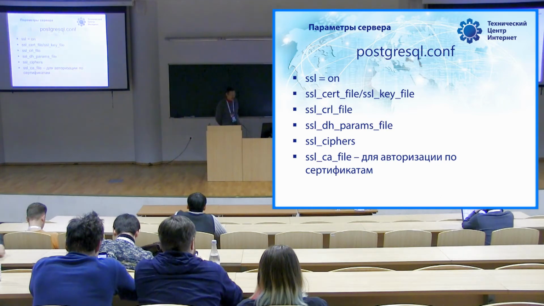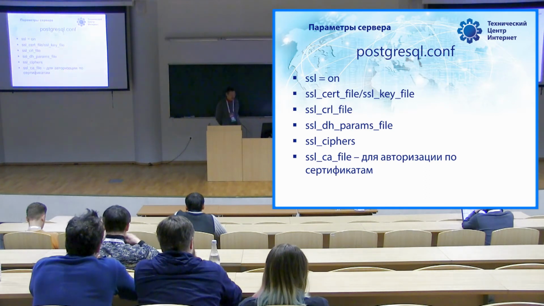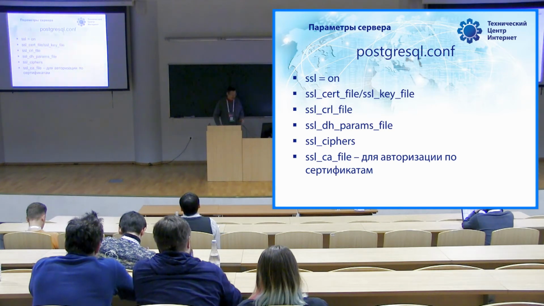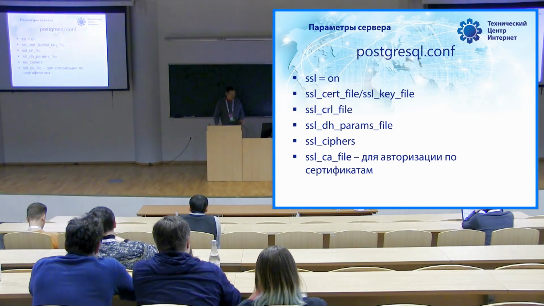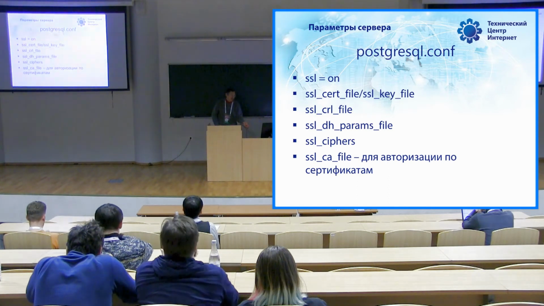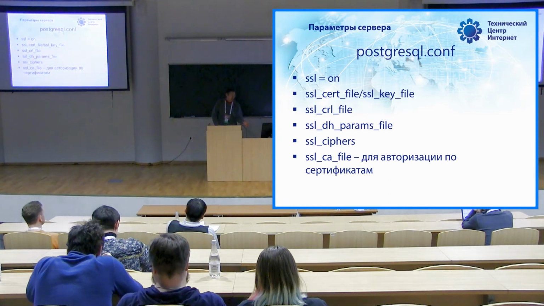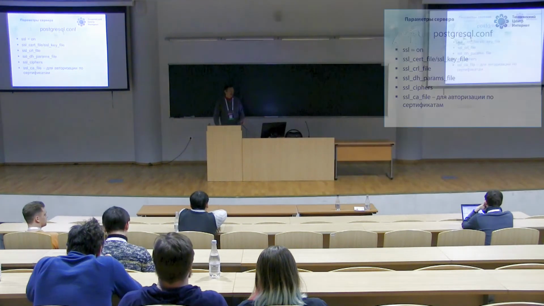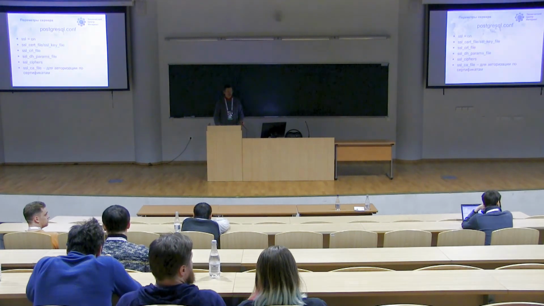Well, I told you a little bit about authentication, that it is switched off by default, but you can switch it on if you want, if you know why you need to do it and you think that you really need to do it. Well, yes, there are SSL parameters. You can generate this file using the openssl dhparam command, and you can write cipher suites that are authorized by the Diffie-Hellman protocol. And we have the last question.